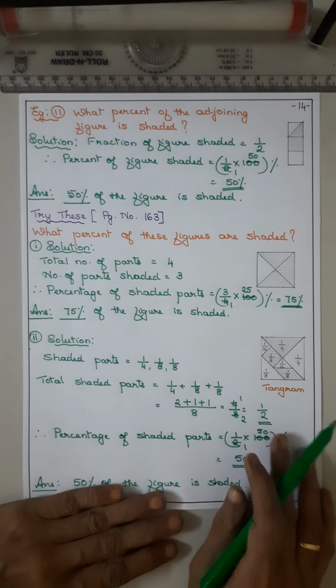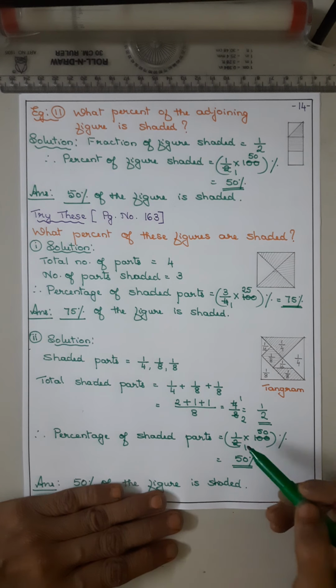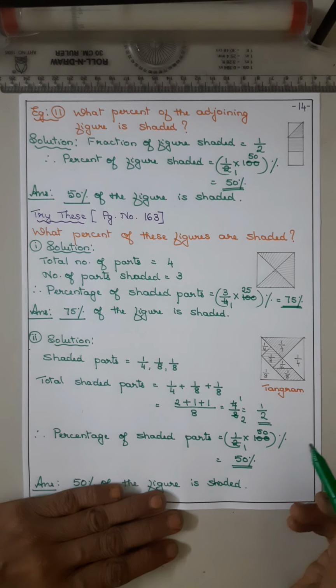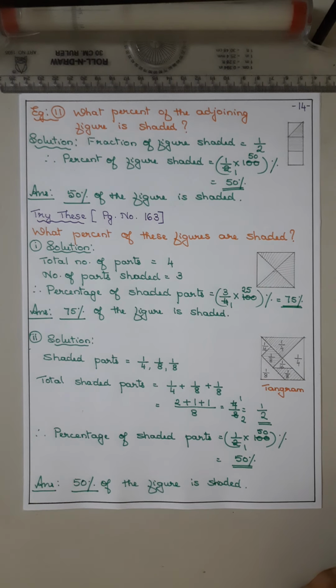Now percentage of shaded parts will be how much? Percentage of shaded parts is half into 100. So half into 100, 2 ones are 2, 50s are 50. So you got 50%. 50% of the figure is shaded.